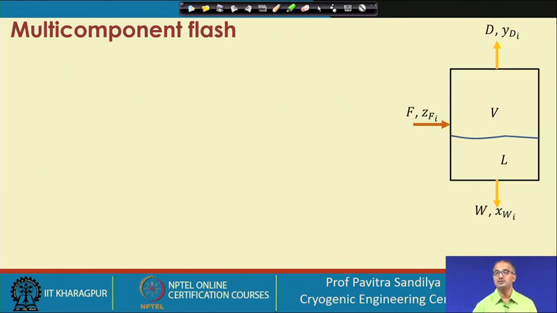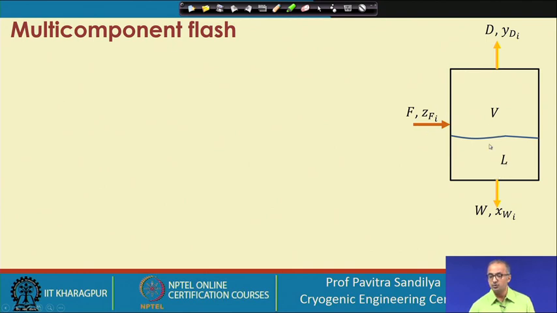Next, we go to the multi-component flash. This we also learned for binary systems. Here with the flash, the feed is coming, and after it is flashed, that means it is partially vaporized and it goes into two phases. If it is a liquid feed, it will be partially vaporized. If it is a vapor feed, then it will be partially liquefied.